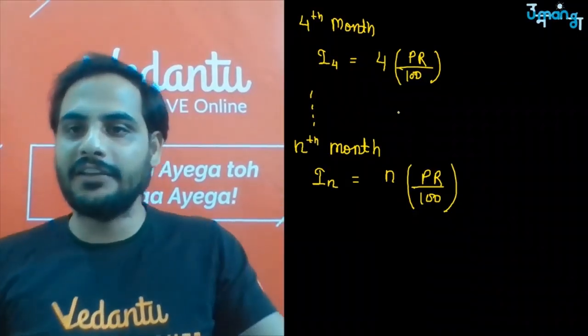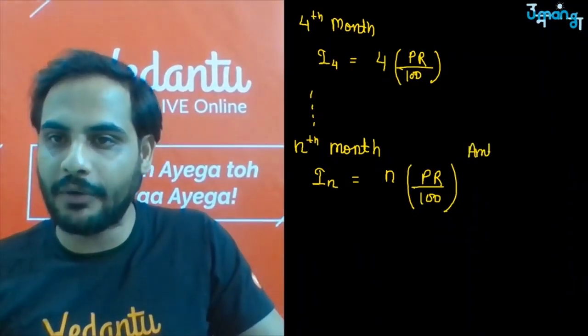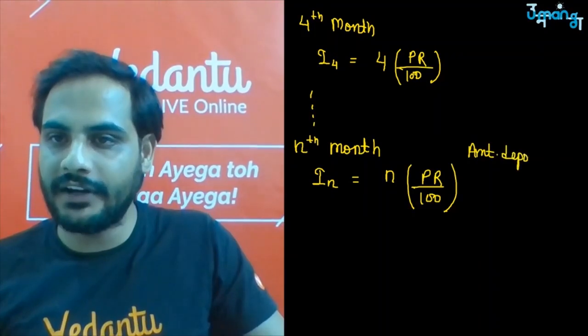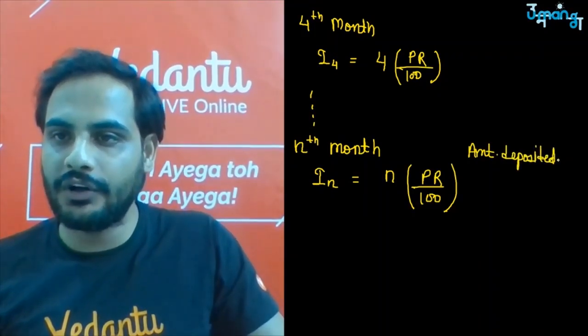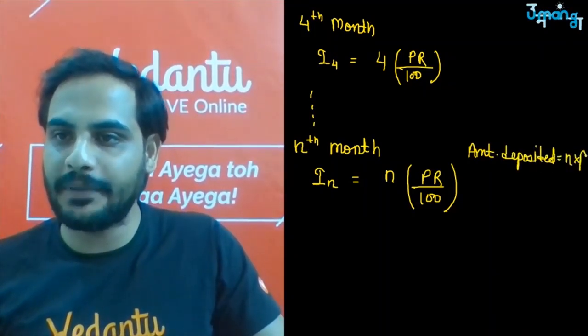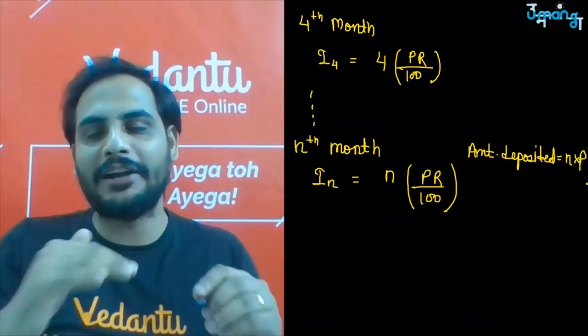So that is the part. And in this n months, by now, how much amount have you deposited? Amount deposited will be equal to n times of P, because every month you are depositing P amount.